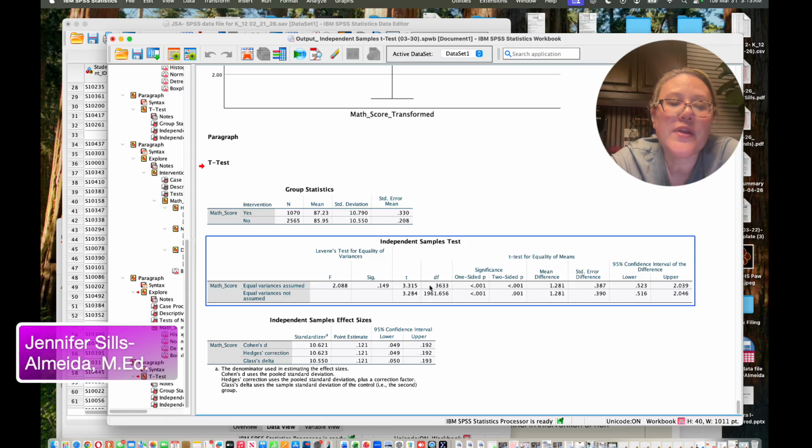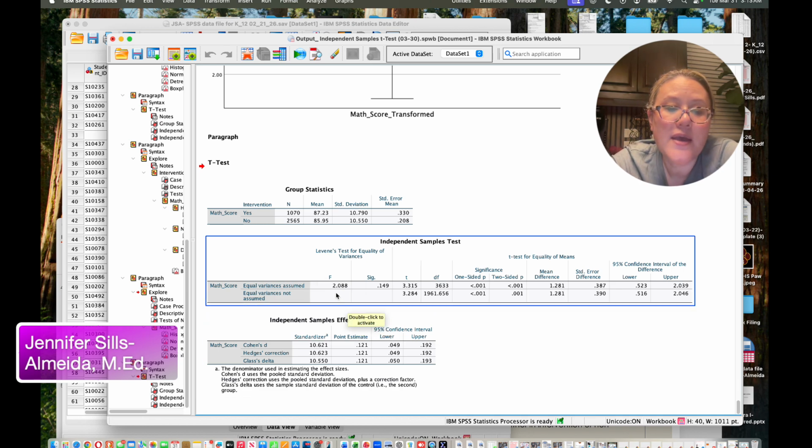Now, it's very important on the independent samples test that when you're looking at this, for the Levene's test, you need to see which one to analyze. Here, equal variances assumed is the one you will want to be looking at for the independent t-test because there are two different groups.